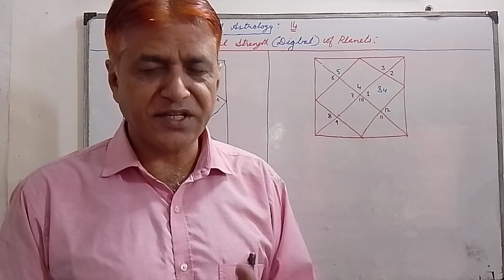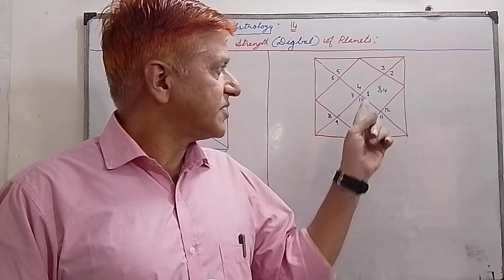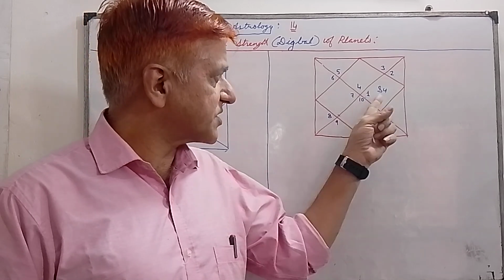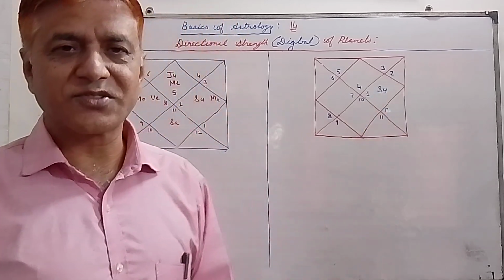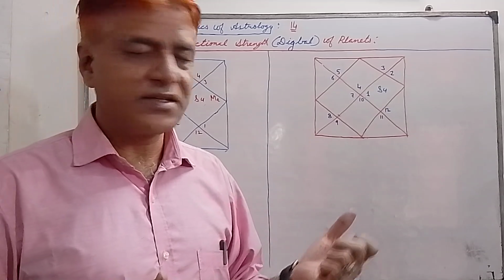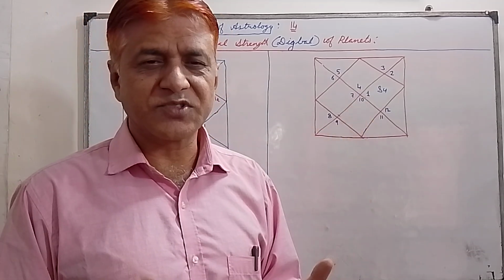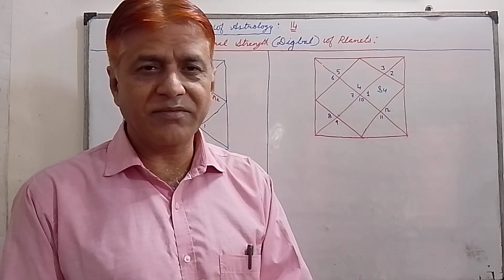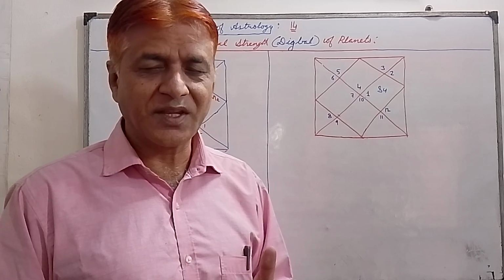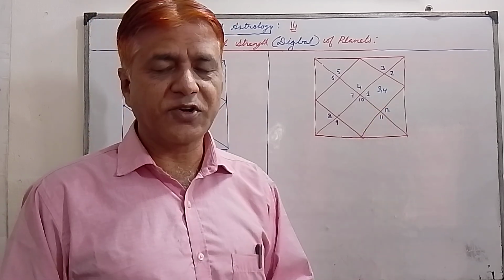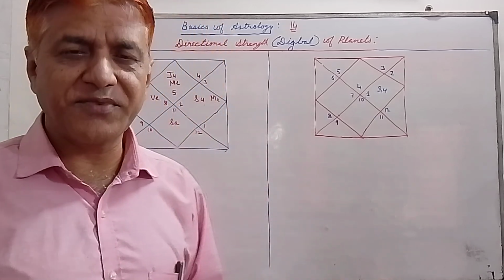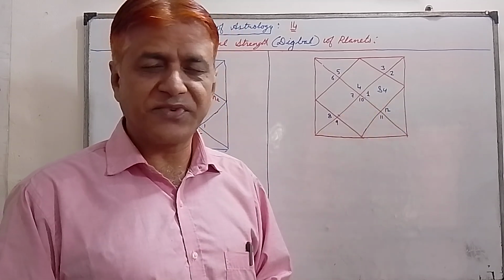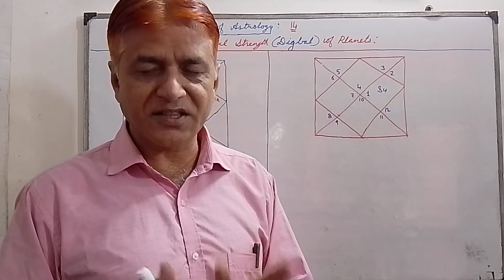For example, Sun is fame. So the native in whose chart Sun is placed in 10th house will get fame. Sun represents confidence, so he is very confident, and he will have very good leadership. Because Sun also represents government, he may be in a government job also. So these are the results when Sun is posited in 10th house.